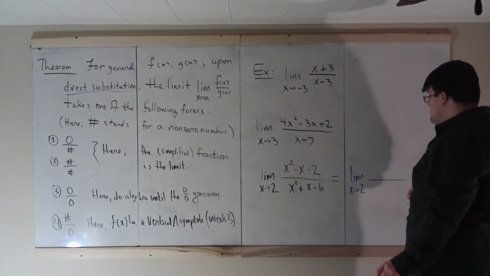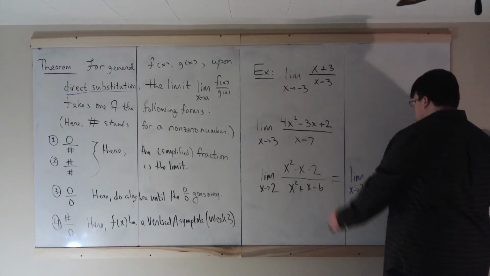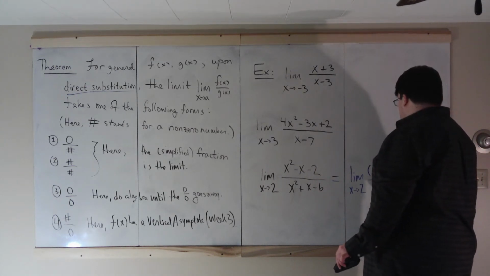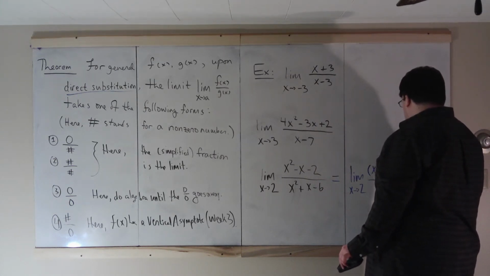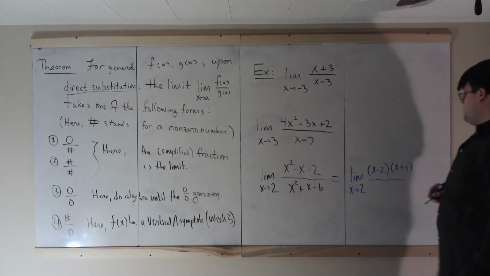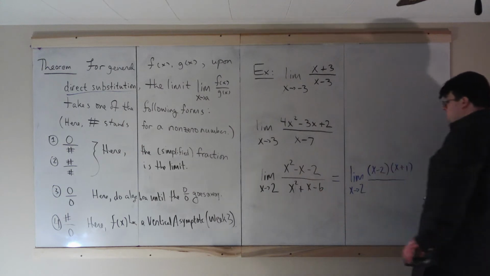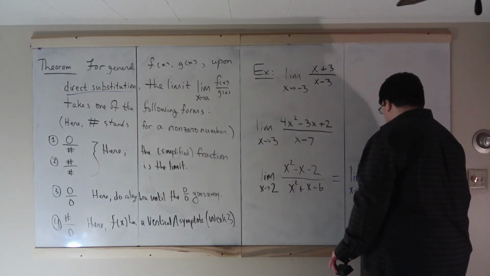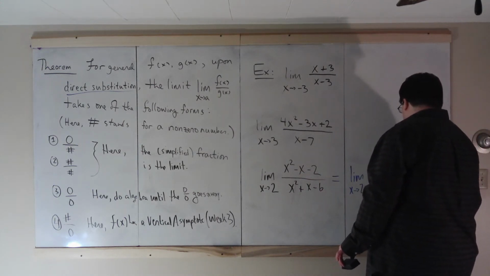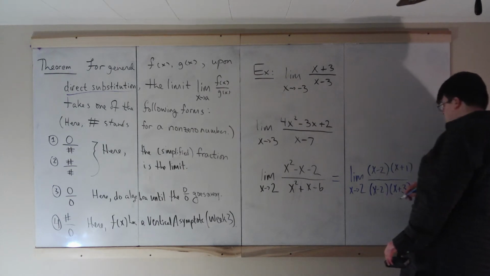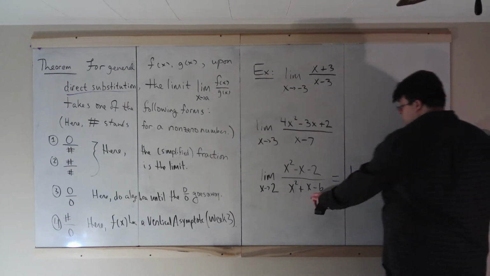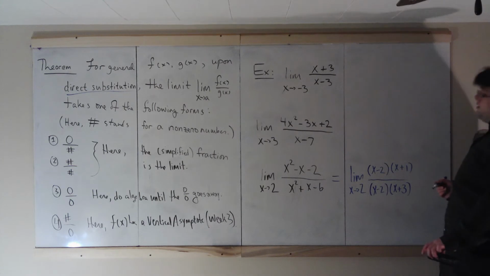Well, yes, they do. How do they factor? Well, on top we have an x minus 2 and an x plus 1, because negative 2 and 1 make negative 2, negative 2 and 1 make negative 1. On the bottom, we have an x minus 2 and an x plus 3, because 2 and 3 make negative 6, 2 and 3 make 1.